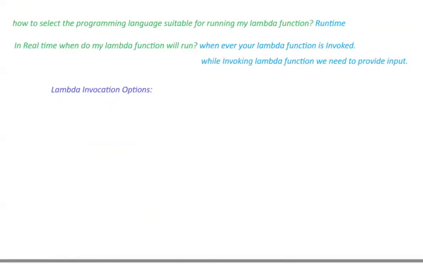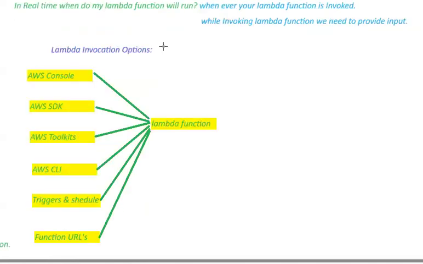Let's see what are the different invocation options which are possible for a Lambda function. These are the different ways where we can invoke our Lambda function. Your function could be invoked directly by using the AWS console, or programmatically by using SDK, toolkits or CLI, and you can invoke your Lambda function based on event triggerings and schedulings.